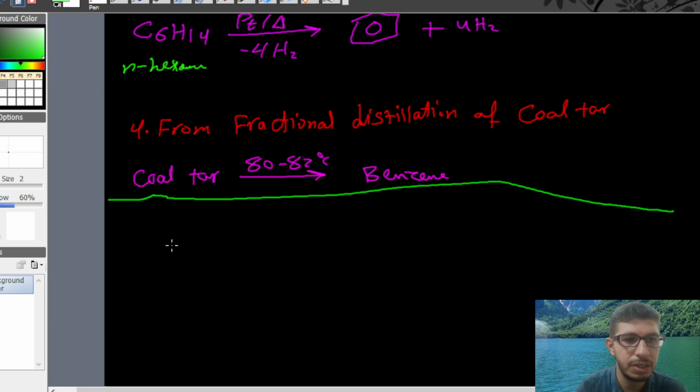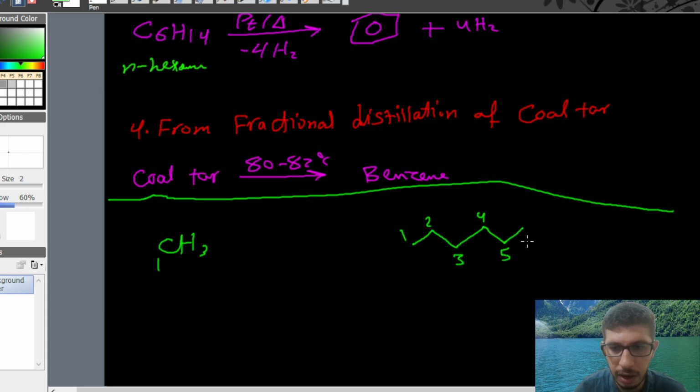So C6H14, this is hexane. Let me draw it. CH3, CH2. Actually, if I want to write the open chain normal hexane, it will be just like this. 1, 2, 3, 4, 5, 6. This is normal hexane, right?